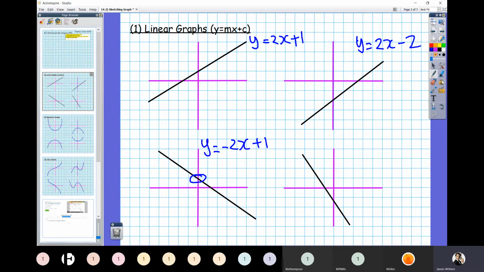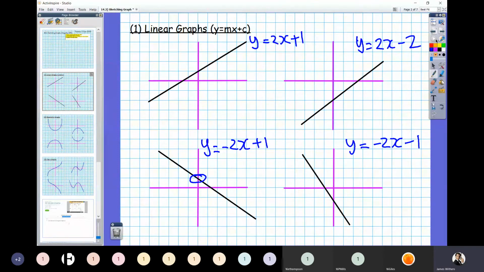Completing the set, the bottom right-hand corner might be y equals minus 2x minus 1. It's going downhill, so a negative gradient, but crossing the y-axis at a negative value. So if you were asked to sketch y equals 2x plus 1 or y equals minus 2x minus 1, that's the general broad shape we're talking about.